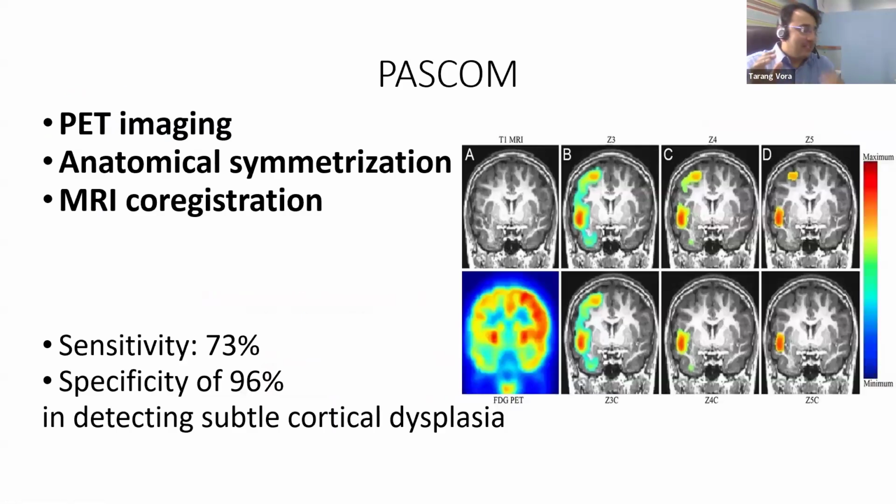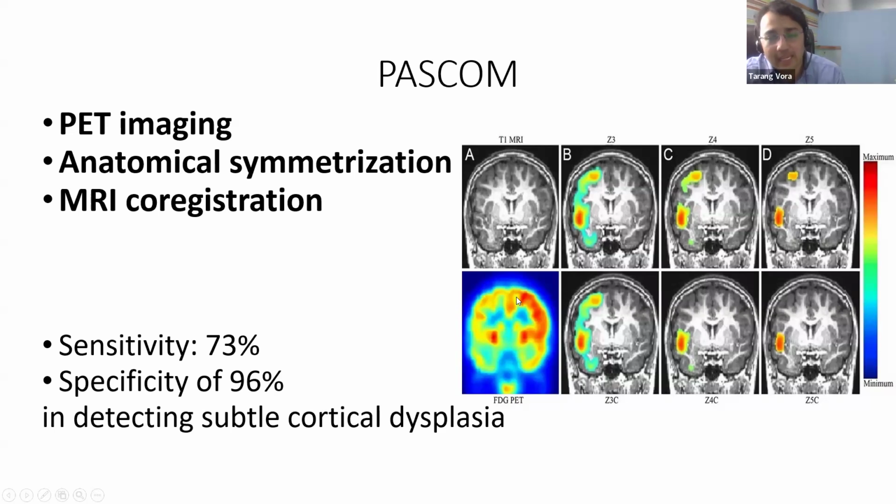So what basically is PASCOM? PASCOM is basically anatomical symmetrization with MRI co-registration. In this image at the bottom, we have the PET CT that has been done for the patient. Of course, we are seeing that the right-side temporal lobe is hypometabolic for the patient, and the right hemisphere overall is showing some hypometabolism.